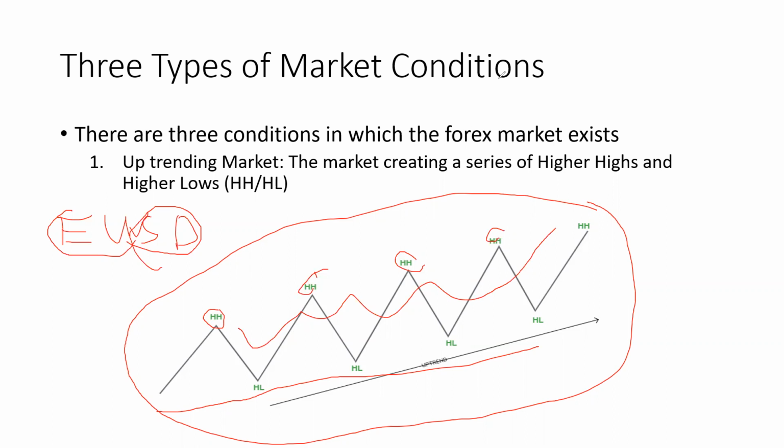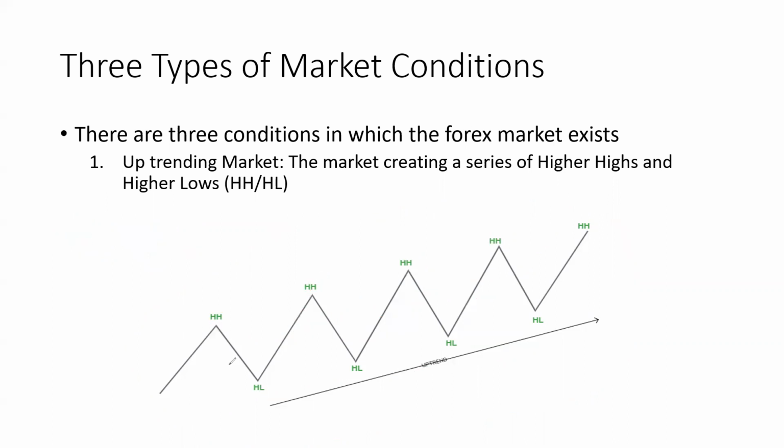So it kept creating a series of higher highs, higher lows, higher highs, higher lows. HH means higher high and HL means higher low. So this is the first condition of the market, the series of higher highs and higher lows.